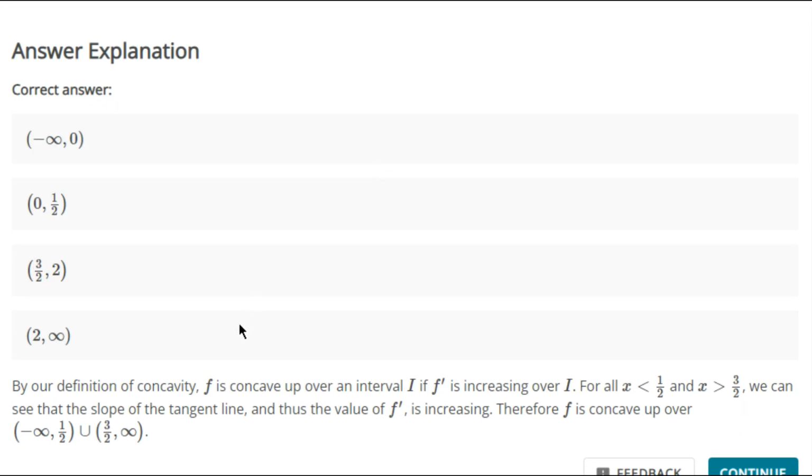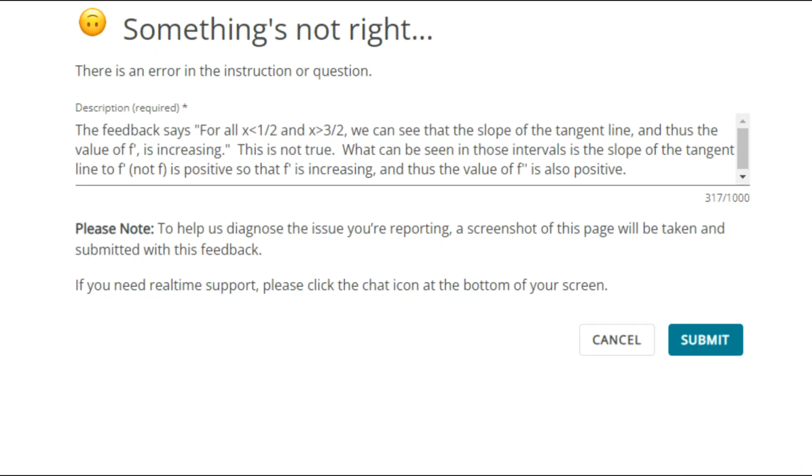Actually, hold on, f is concave up on an interval if f prime is increasing over that interval. All right, so I had to think about this for a minute, and I have written my complaint to Newton.